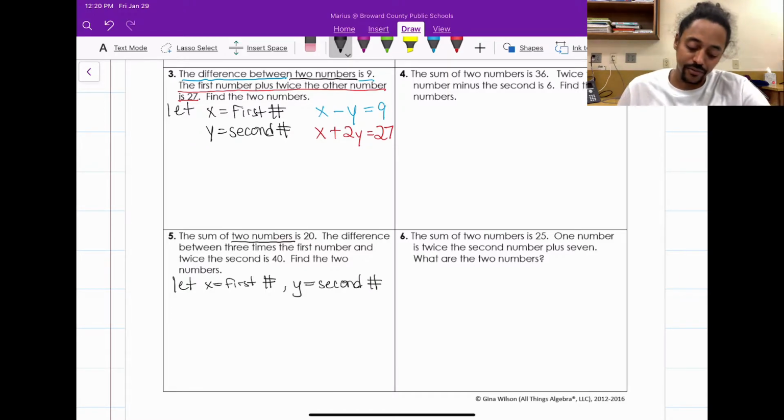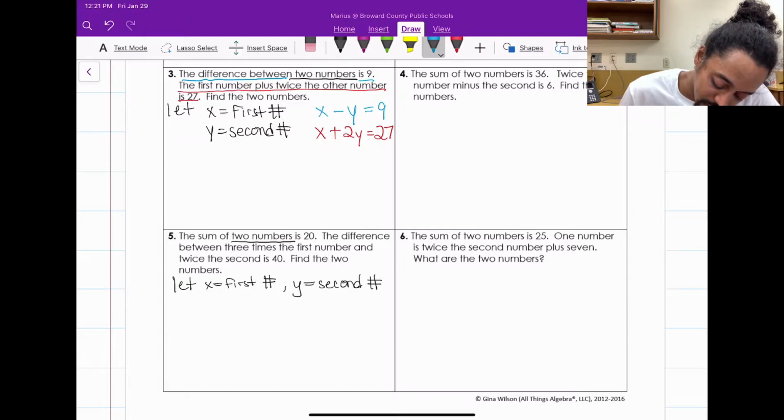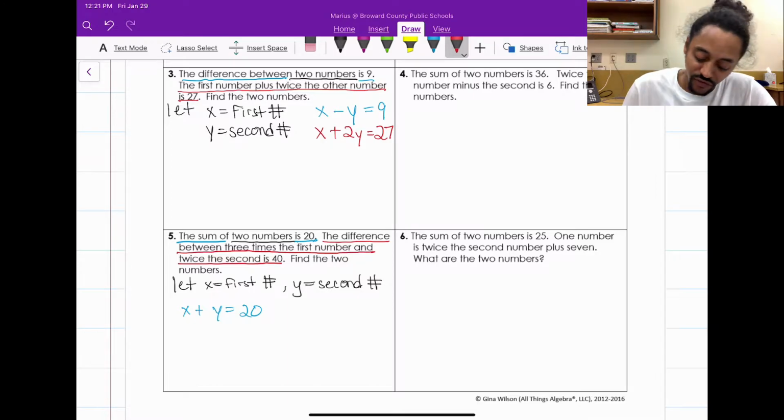And now we can go ahead and start to write our two equations for our system. So equation number 1, it says the sum of two numbers is 20. So that means that x plus y equals 20. Now the second part says the difference between 3 times the first number and twice the second number is 40.